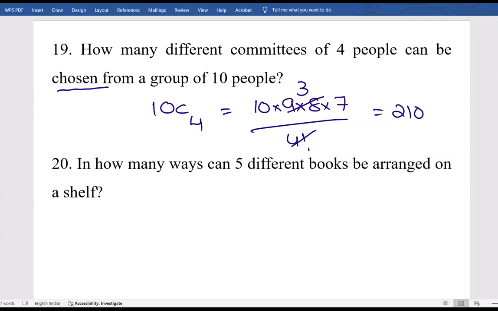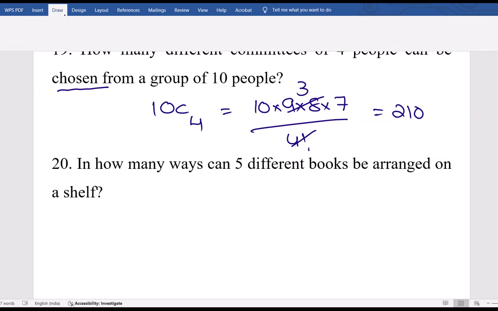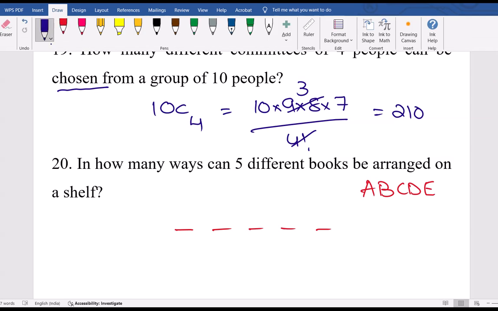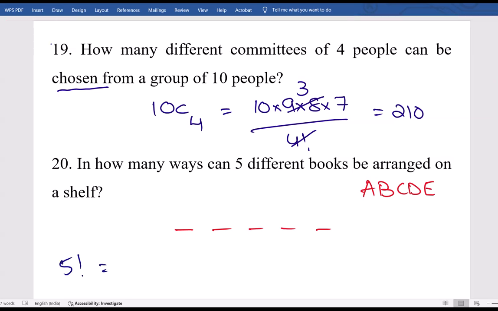5 different books arranging on a shelf. I have 5 books, let's say different books A, B, C, D, E. Okay, I have to arrange them. It's actually 5 factorial directly, I can tell you, but I'm just trying to explain how we got that 5 factorial. First, this place I can fill in 5 ways.